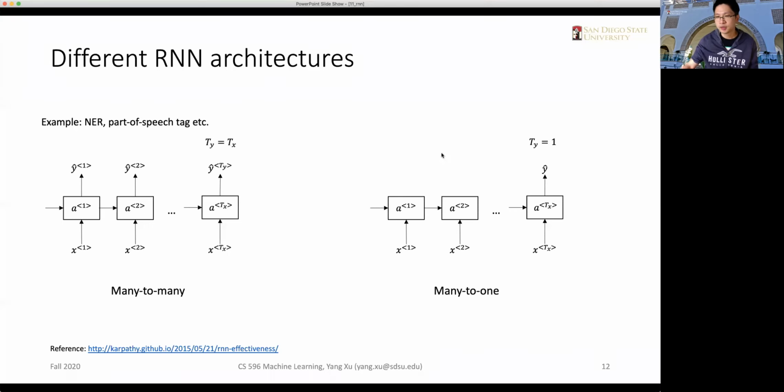So let's look at the second type, which is many-to-one. I think this type of architecture is much easier to understand because the output is just one variable or one quantity. We want to basically summarize all the information within a sequence.